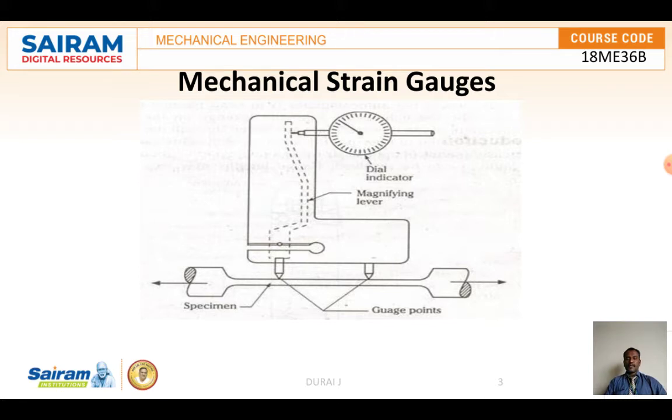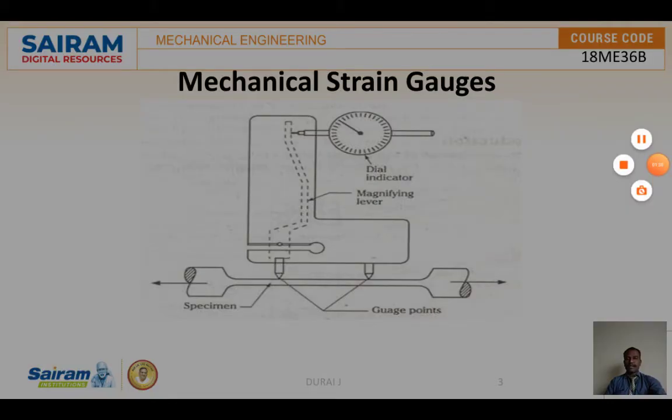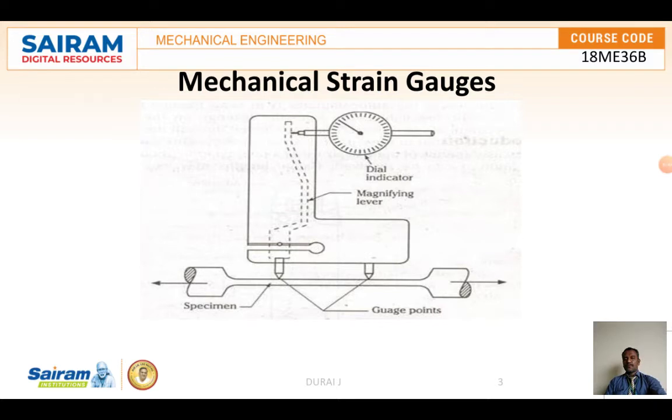Mechanical devices like levers are used, and that is called a mechanical strain gauge. Here we will discuss a typical mechanical strain gauge. It has two gauge points: one is the fixed gauge point and the other is the mobile gauge point.